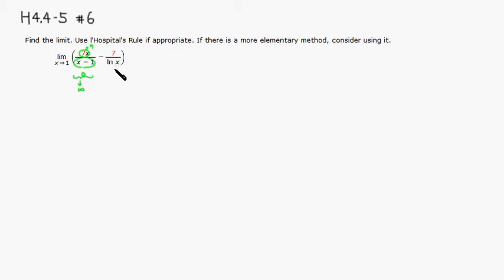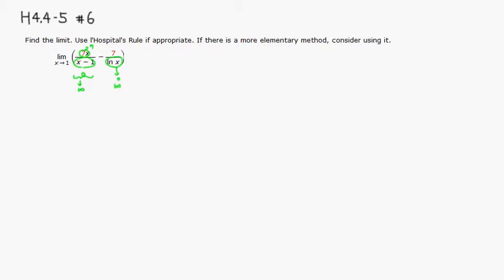And here, same deal. As x goes to 1, natural log of 1 is 0, so you have a 7 over 0, which is infinity. So you have an infinity minus infinity. This is another case where you can use L'Hopital's rule.